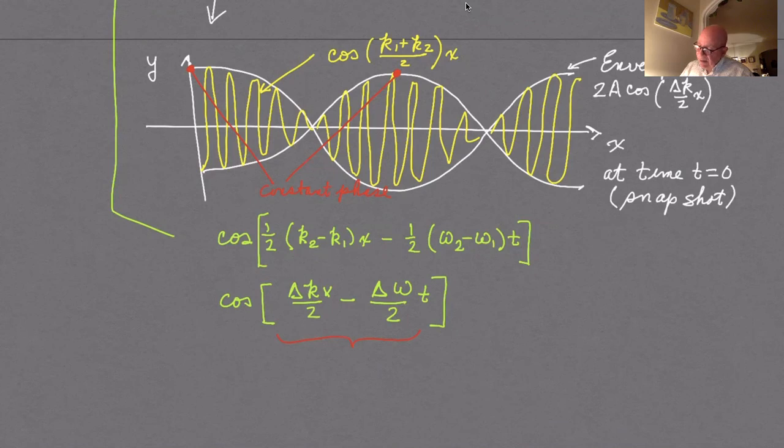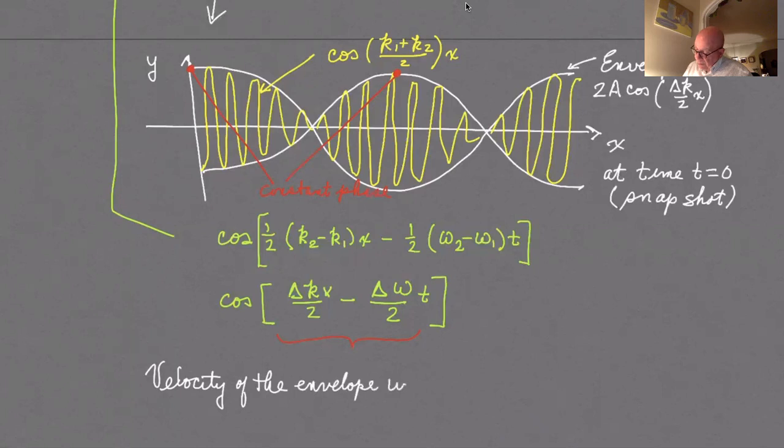The velocity of the envelope we call the group velocity.